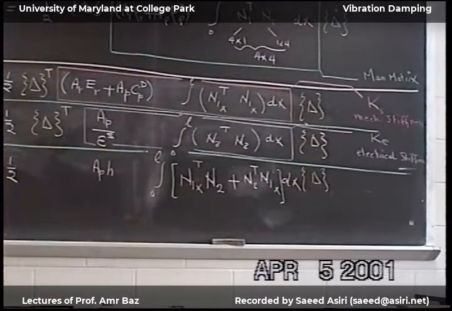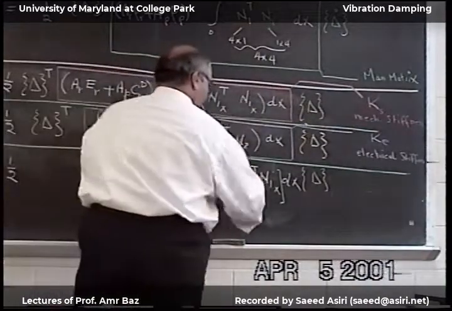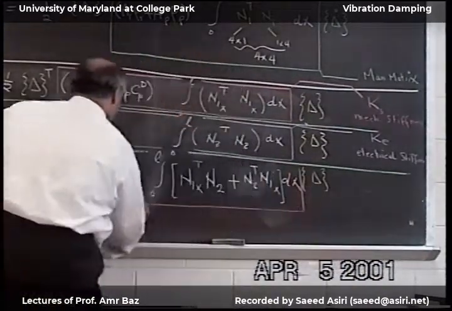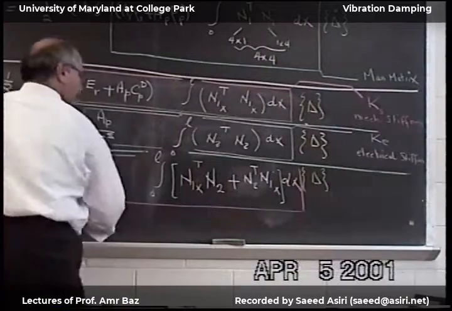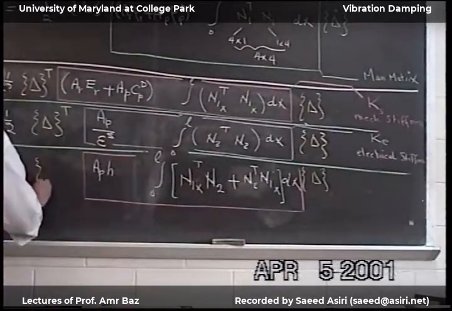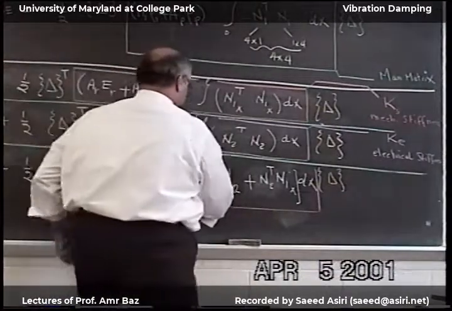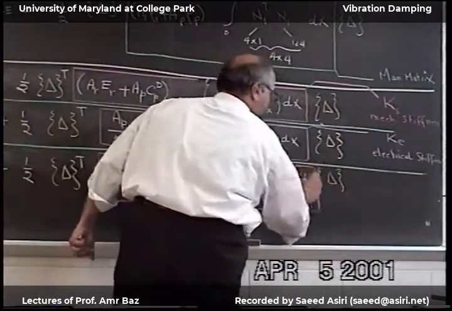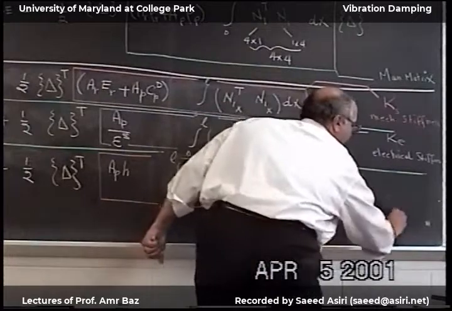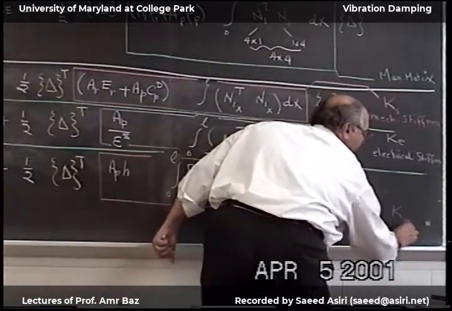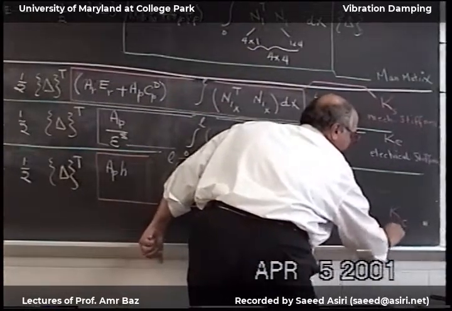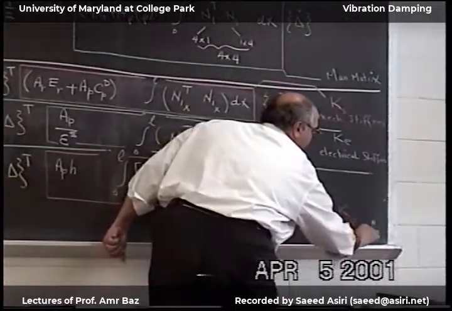The last term is the coupling matrix. Oops, we should have here delta transpose. K coupling, and this is the coupling stiffness.